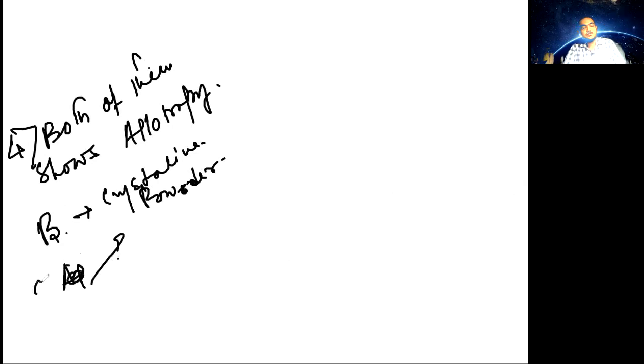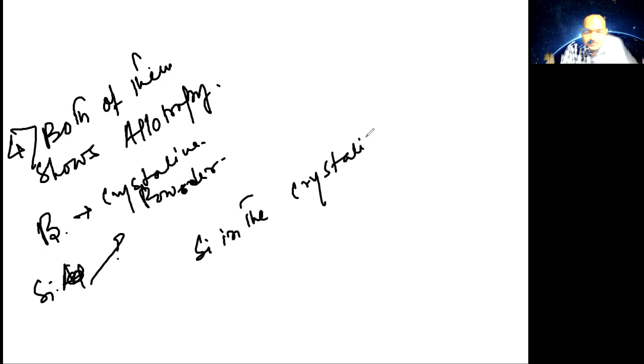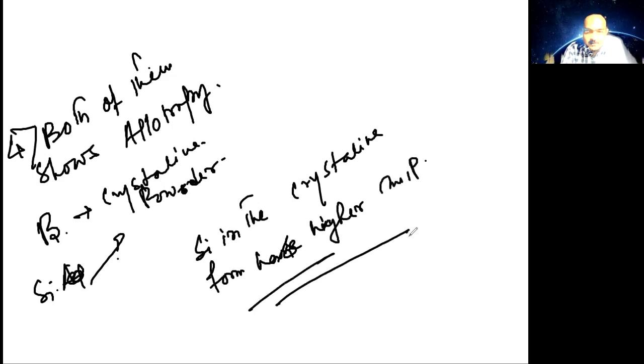Silicon also shows crystalline and amorphous forms. Actually, silicon in the crystalline form has a higher melting point than the powder form or the amorphous form.